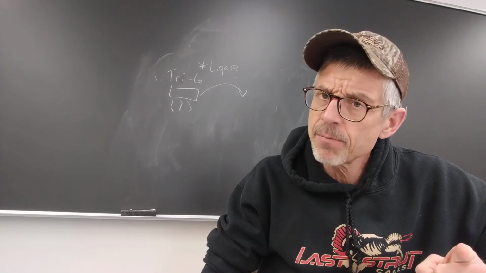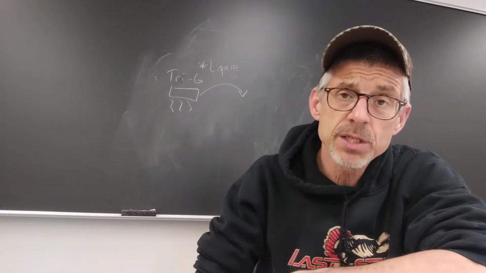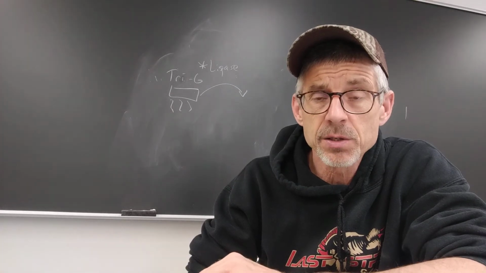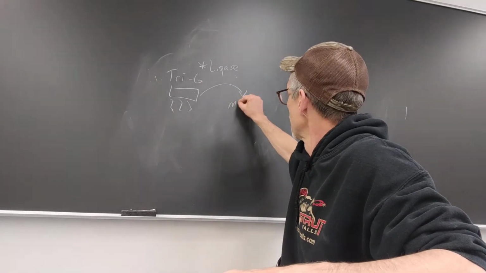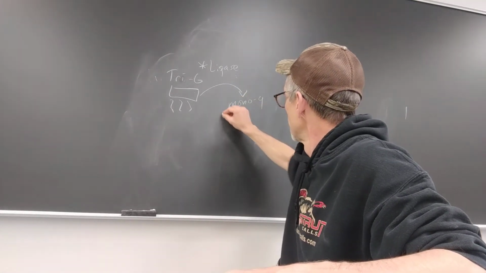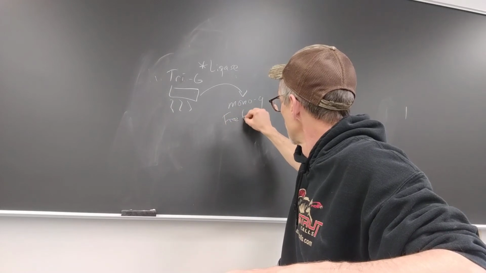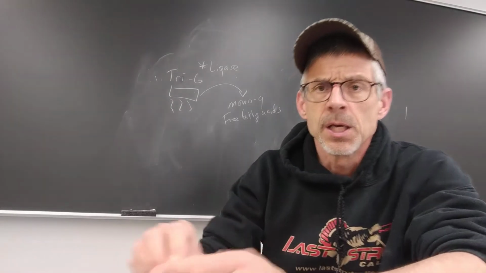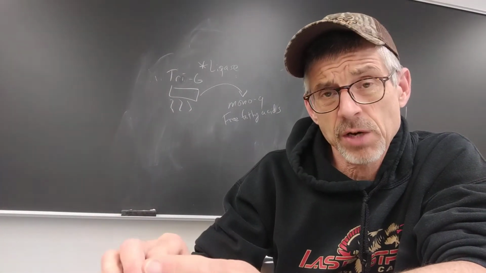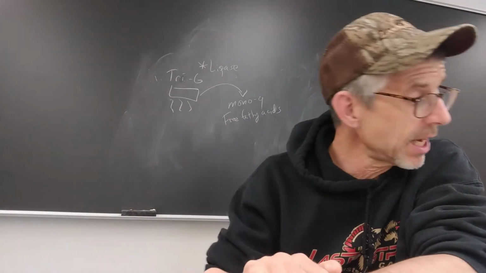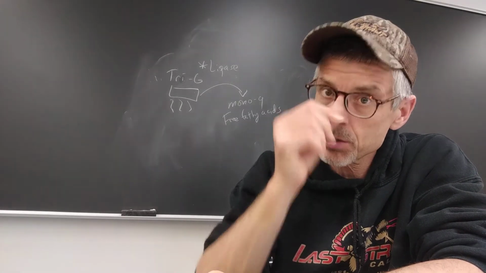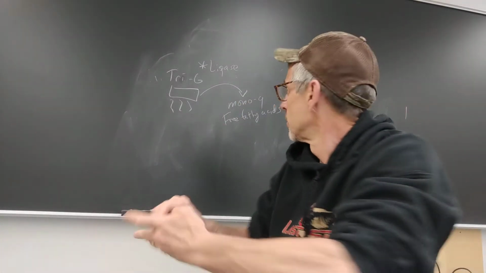So this enzyme lipase catalyzes the breakdown of these triglycerides into monoglycerides and free fatty acids. These constituents of triglycerides are packaged together along with bile salts into structures that are called micelles.